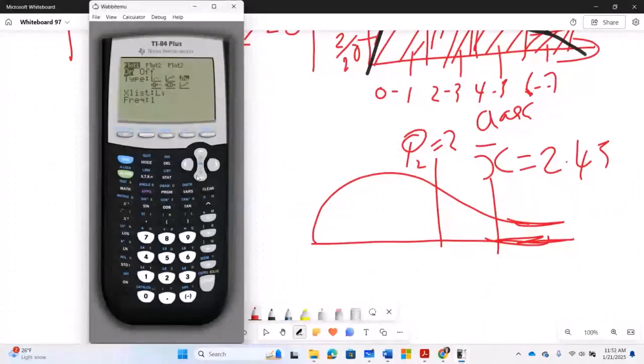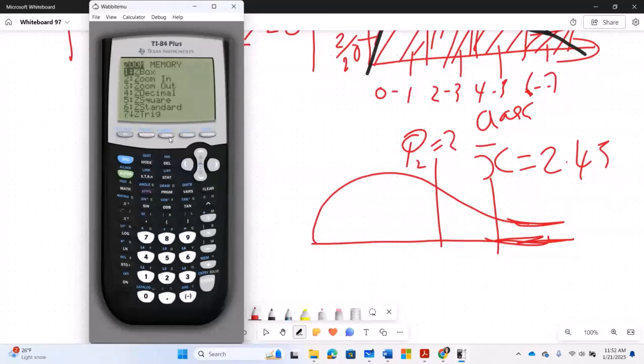And now I am going to Zoom 9. Whenever you're drawing a statistical plot, you have to Zoom 9. It's not enough to say Graph, no. Whenever you try to zoom and you see this error, you say Quit, get out of that, and you Zoom 9 on the main screen.